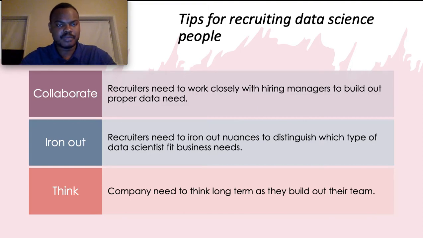So recruiters need to be able to iron out the job description to meet those requirements. And when building your data science team, recruiters need to think long term, right, about the team that they're creating. So knowing what skill set is needed now, but also what would be needed in the future as they build out these teams.